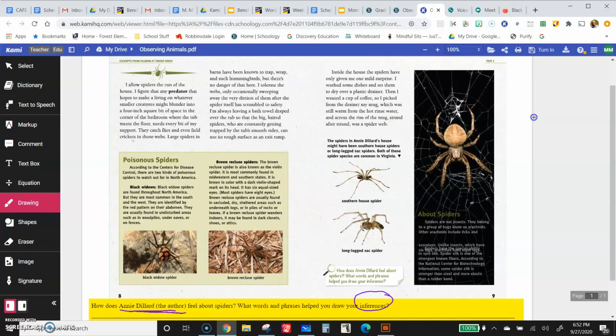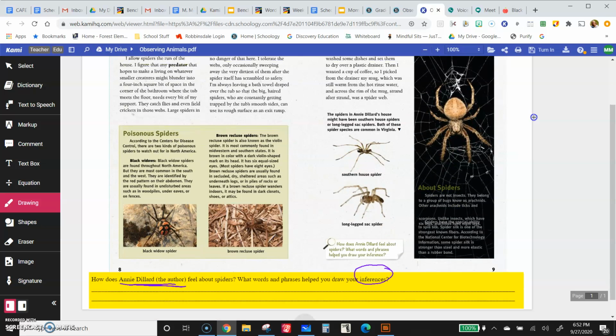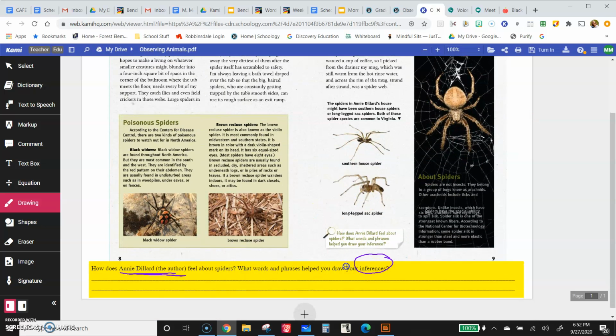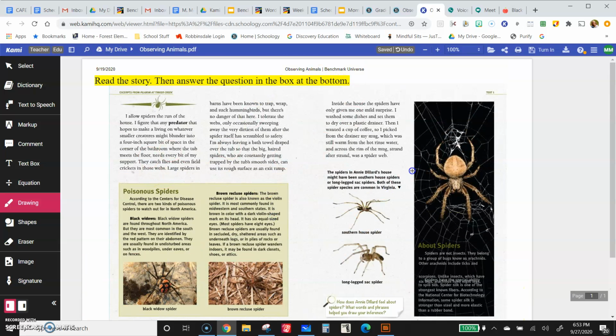looking for those details, combining it with what you already know about people's emotions to help you figure out how she feels. As far as what words or phrases, you can either include them in your answer or you can underline them in the text, what clues there are that tell us how she feels about spiders. Okay? Does she run away? Does she get closer?